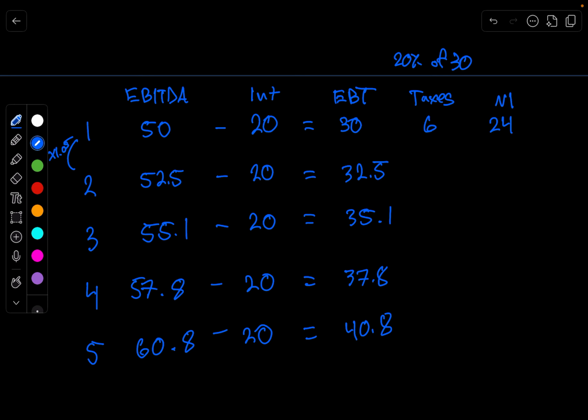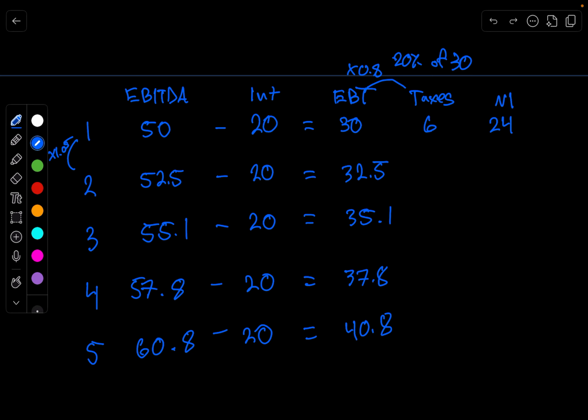Now we know our taxes are just going to be our EBIT times 0.8. That's how you apply a 20% tax rate. So for this one, unfortunately, you do have to key some things in, but it won't be too bad. You can even skip this entire taxes column. So instead of calculating out 20%, you just do the multiplication of 0.8.